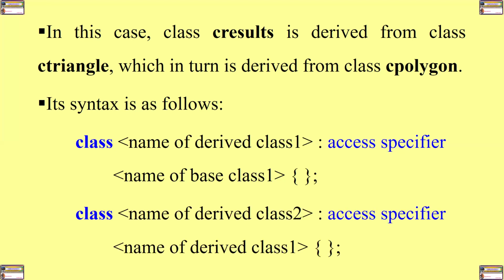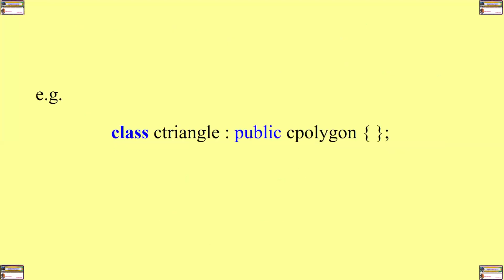Next, we repeat the same: class, name of derived class 2, access specifier, and then name of derived class 1. And that can continue to as many derived classes as possible.